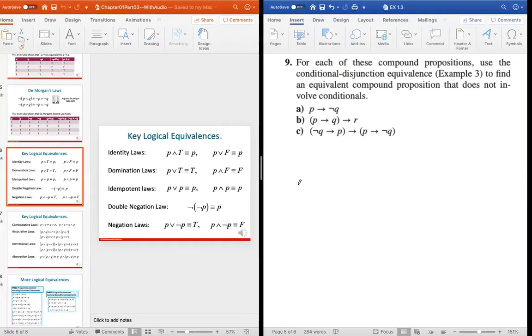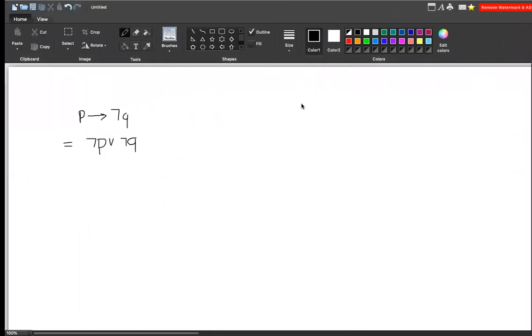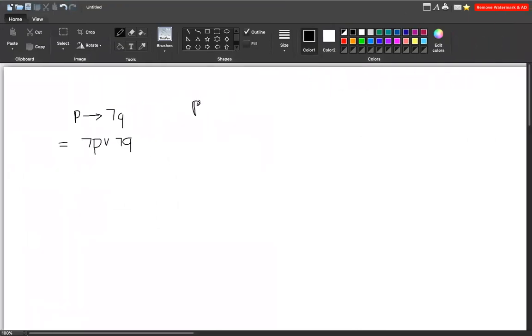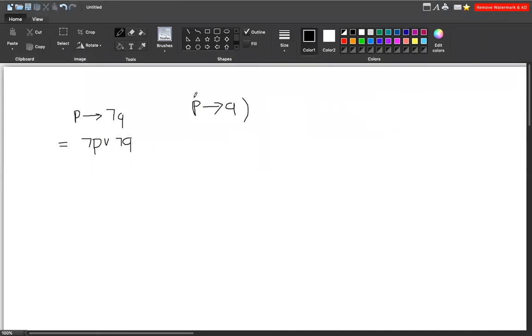Okay, moving onwards. Let's take part number B here: P implies Q implies R, with brackets, implies R. Here we're using the same rule.